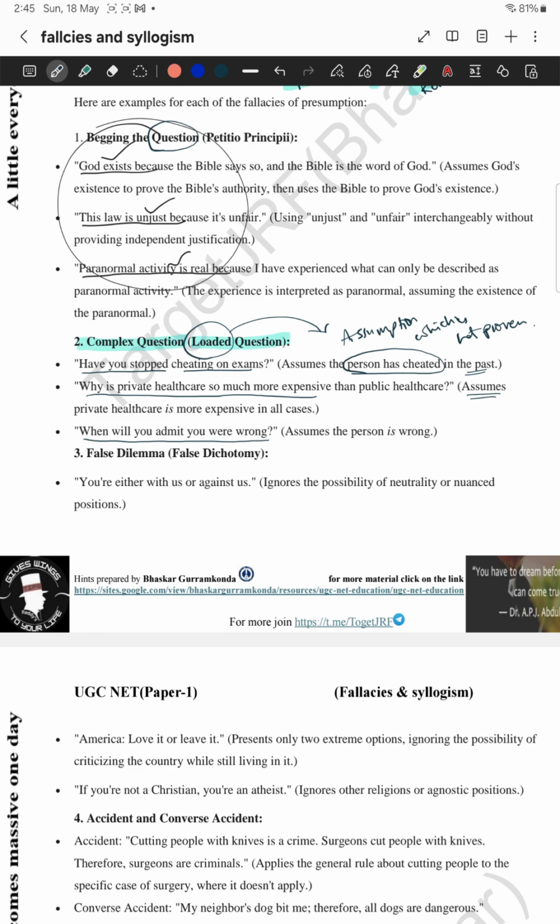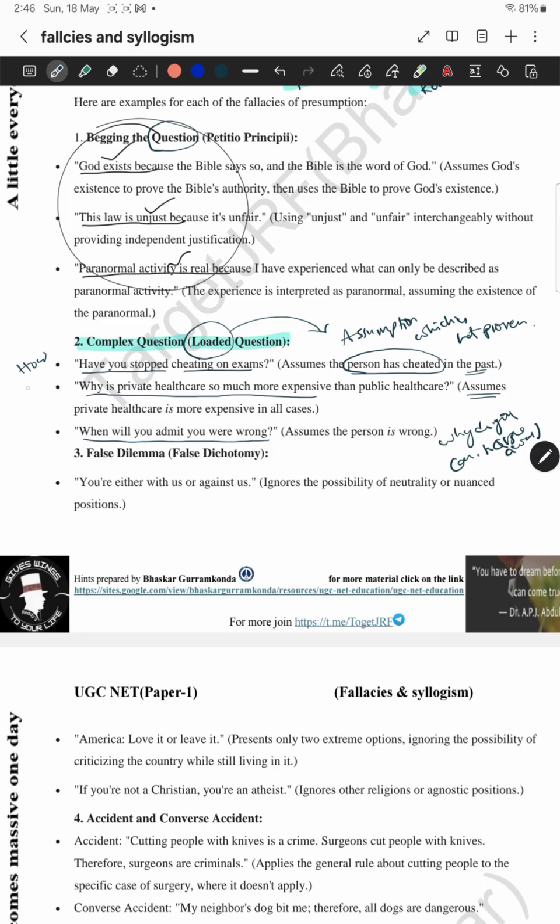One more example: why do you continue to argue always? This is also one example. Another: how many times do you beat your wife in a day?